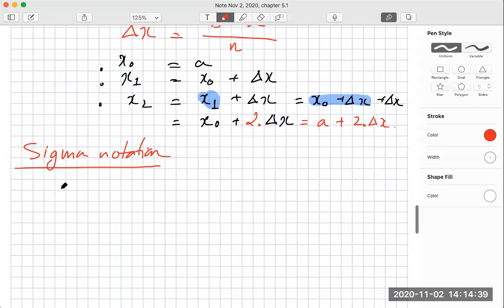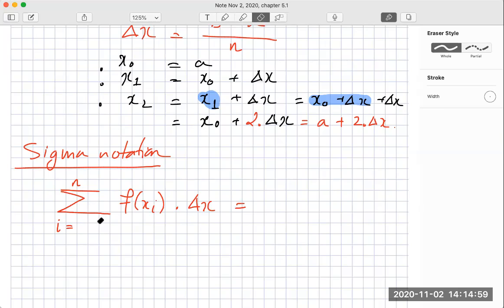We write it: the sum when i is equal to m until n of f of xi multiplied by delta x. Let us write from 1.